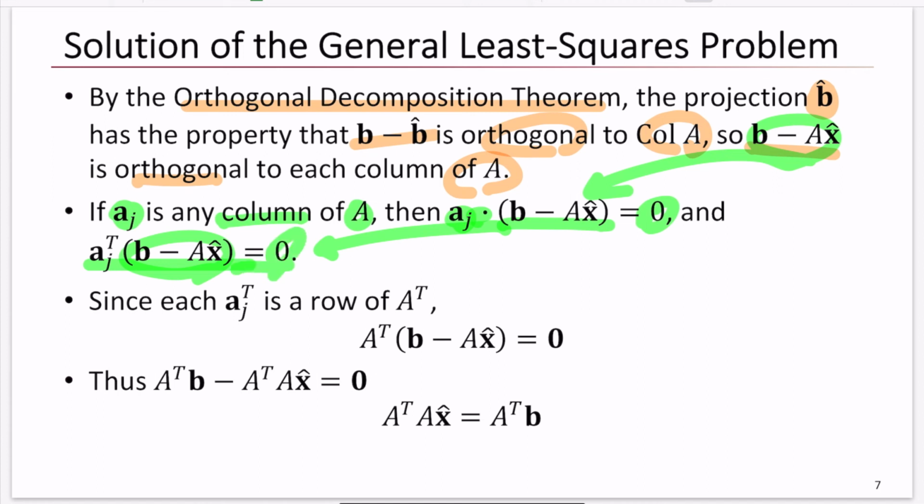In addition, since each AJ transpose is a row of A transpose, A transpose becomes A1 transpose, A2 transpose, ..., AN transpose.